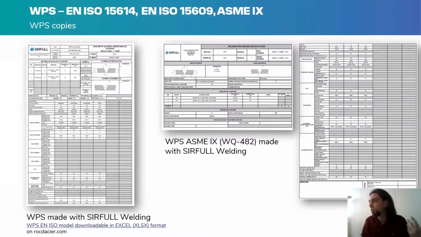If you are very used to ASME, you can probably in a few months or years carry out some WPS for Europe. I don't know, but you can use this format. And this is just an example of formats in ASME 9, but I don't have a template for you. This is just the template coming from the Sirfull application.